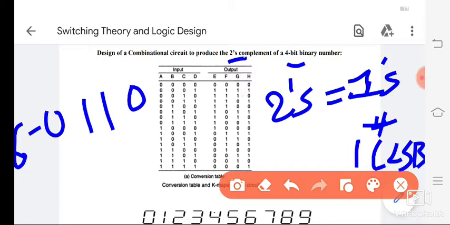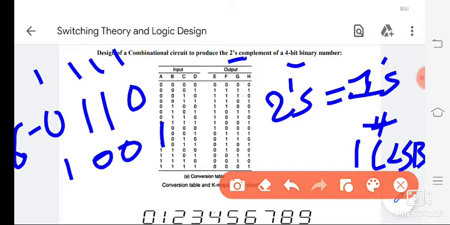So the 1's complement means 0 is replaced by 1 and 1 is replaced by 0, giving 1 0 0 1. Or by subtraction, 1 minus 0 is 1, 1 minus 1 is 0, 1 minus 1 is 0, 1 minus 0 is 1, the same result. This is the 1's complement.